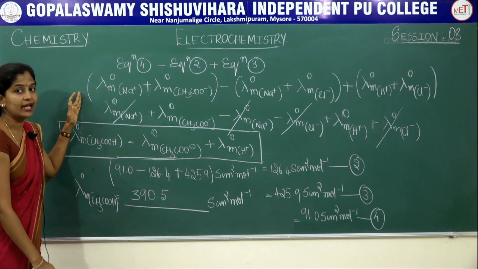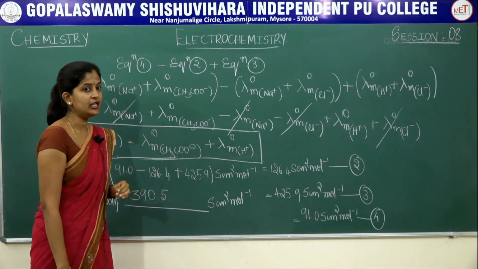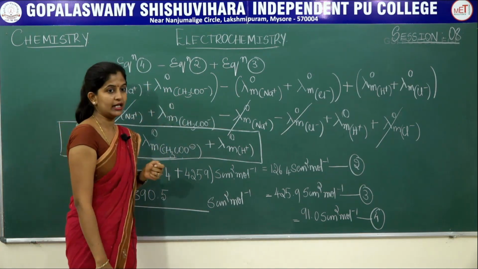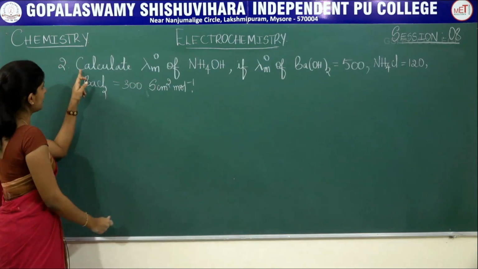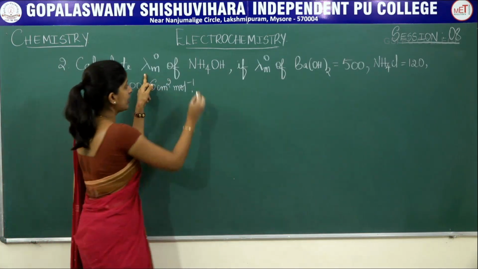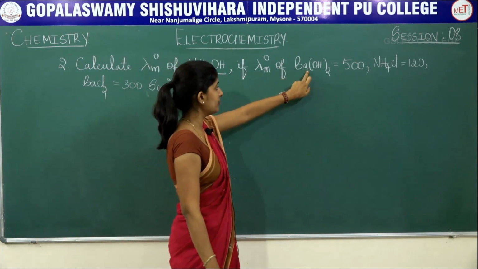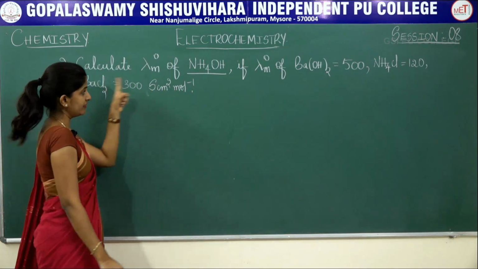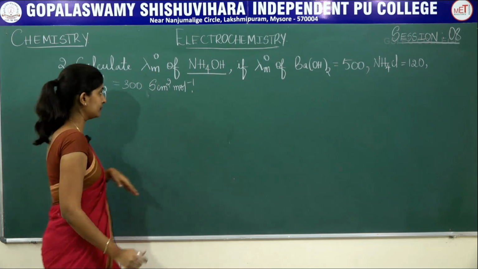So like this, you can calculate the limiting molar conductivity of a weak electrolyte using strong electrolytes. The next illustration will be another weak electrolyte, that will be your ammonium hydroxide. So the next thing is, you have to calculate the lambda m naught, limiting molar conductivity, of ammonium hydroxide, if lambda m naught of barium hydroxide, ammonium chloride as well as barium chloride are given. The same method, but the problem is different, that's it.